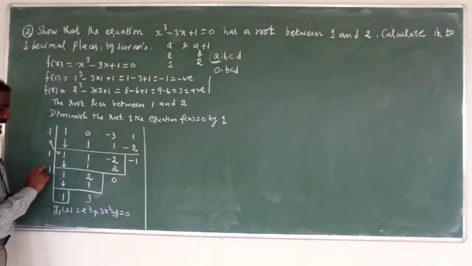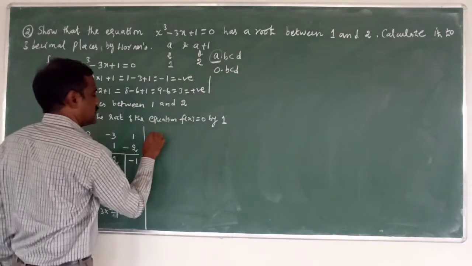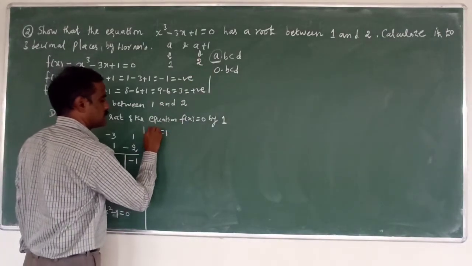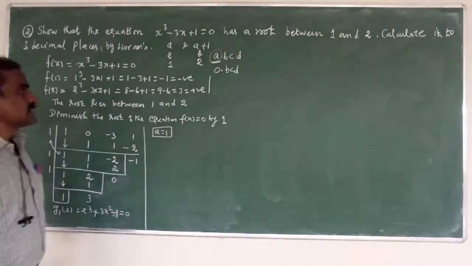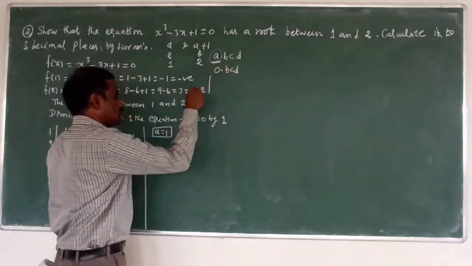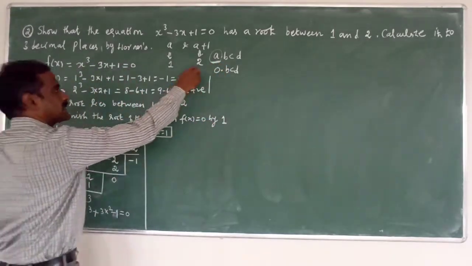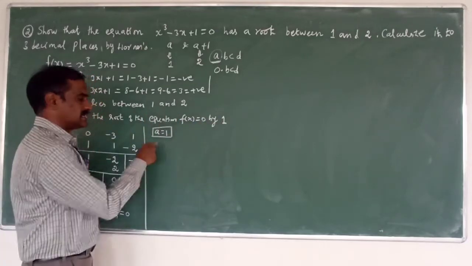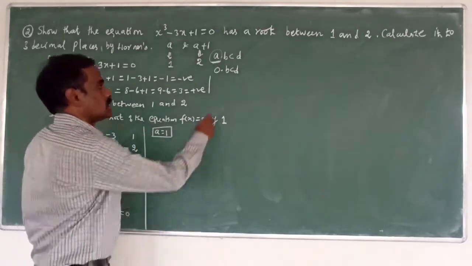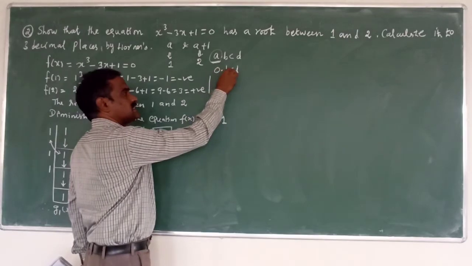Now here the integral value is a equal to 1. Next, the a value we make 0 by diminishing by 1. This is the integral value 1. Now 0 dot b c d.